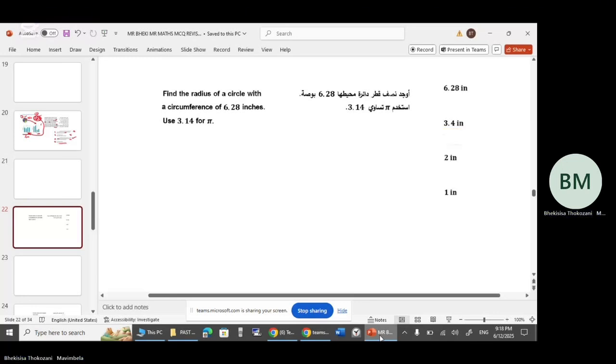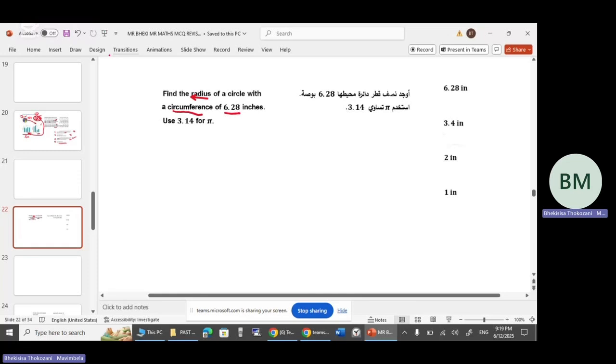Okay, so we are now going to look at this one here. It says find the radius of a circle. We are looking for a radius, and they have given us a circumference of 628 inches, and now they are saying use 3.14 for pi.